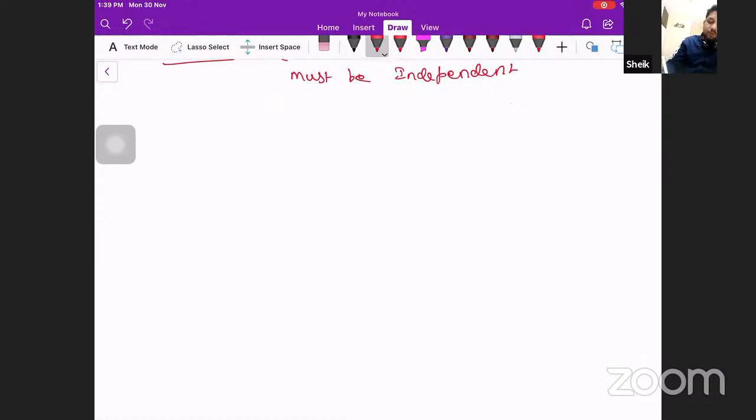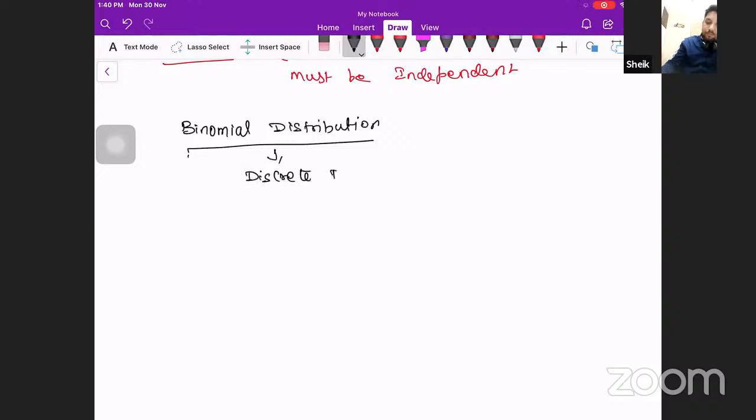So let me write a few important points. Binomial distribution: it's a discrete distribution. The trials are independent.